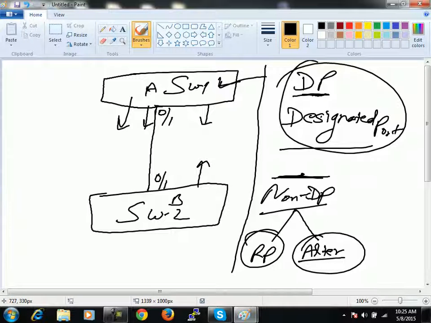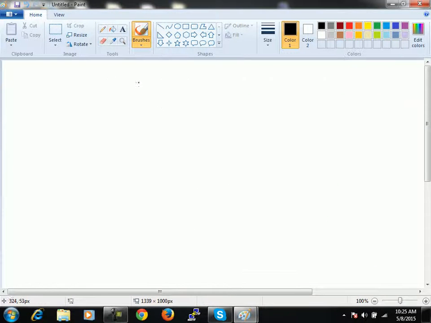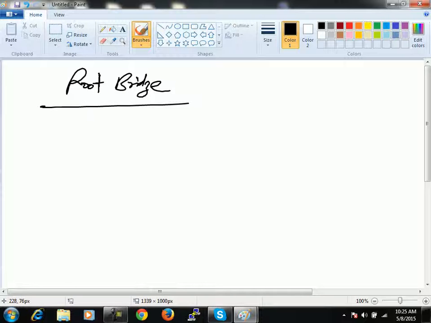Now, the big question is how STP elects DPs and non-DPs. It is very simple. Take an example of a root bridge: let's say switch 1 became the root bridge.